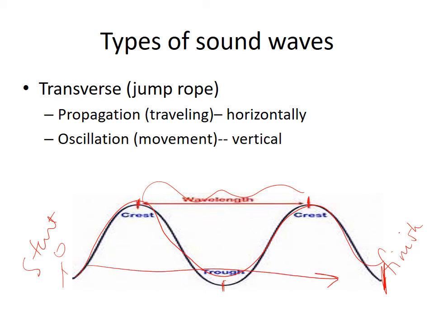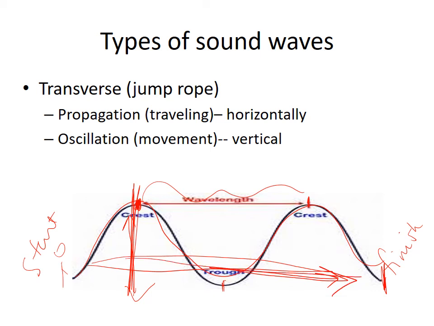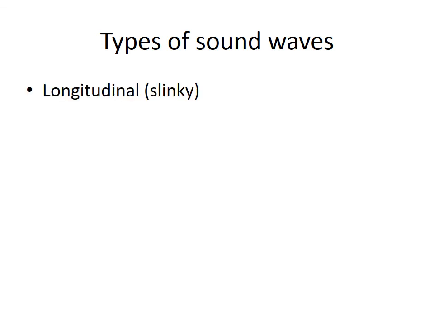Its oscillation, which would be its movement, is going to be up and down. So if you were to tie a ribbon right here, this ribbon would go up and down, up and down, while the wave moves this way. So propagation is how it travels. Oscillation is how it moves up and down.